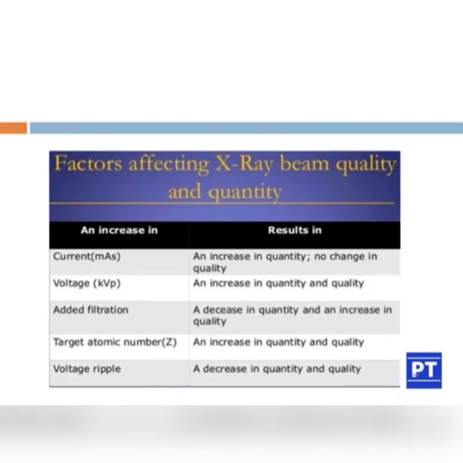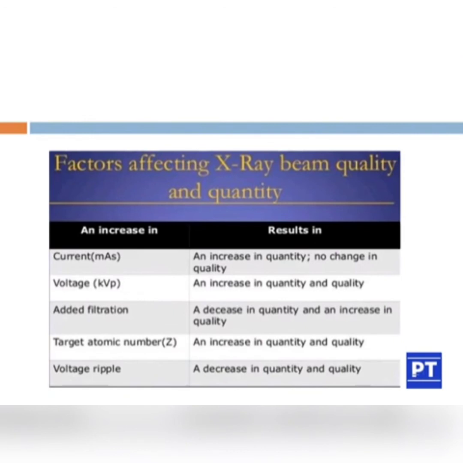We mainly use filters in order to shape the X-ray beam by absorbing the low energy photons, so that the skin dose can be reduced. So the filter will be absorbing the low energy photons. So the quantity of X-ray photons will be decreased but the quality increased. Quality means the penetrating power.